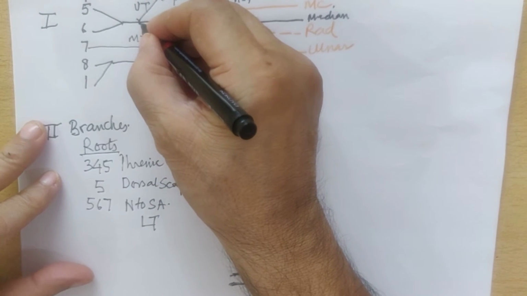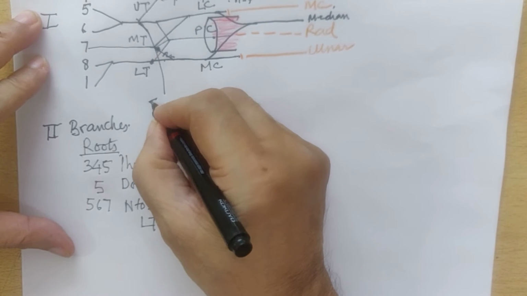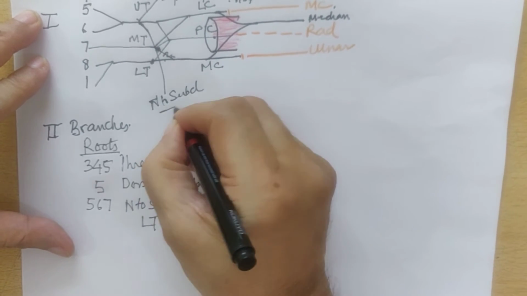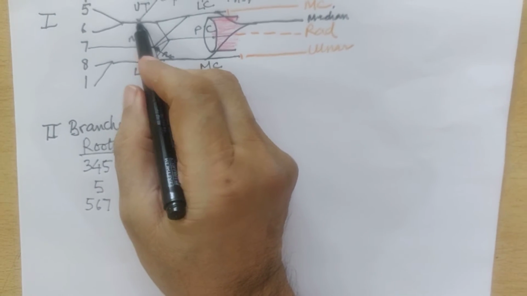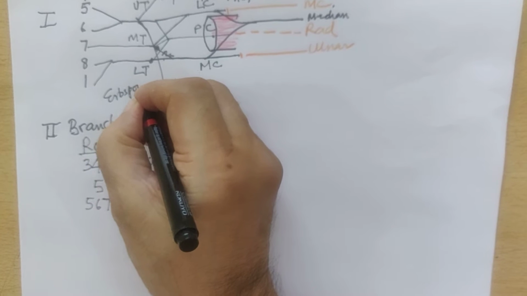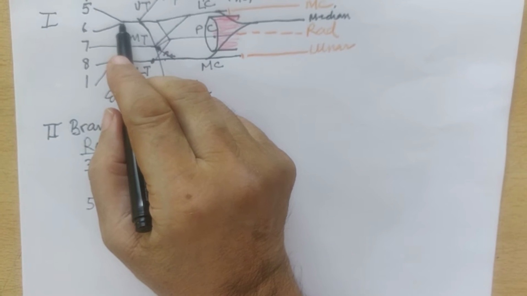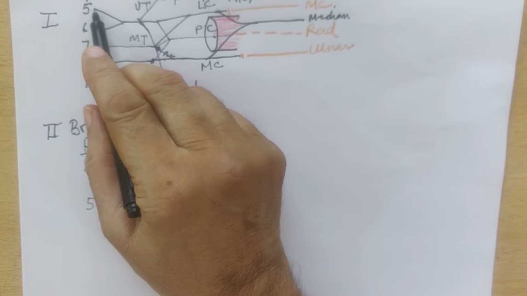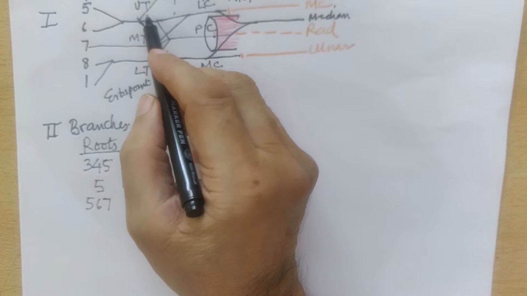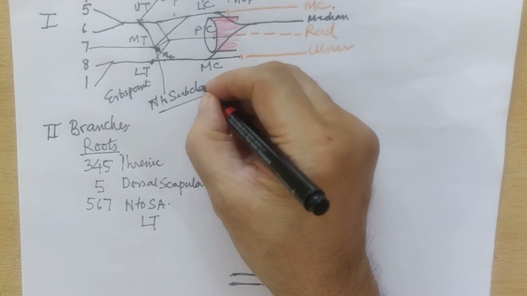The second one that arises from the upper trunk is nerve to subclavius, and this is called the Erb's point. And this has got 6 connections, 5 and 6, anterior and posterior divisions, and the 2 nerves, suprascapular nerve and nerve to subclavius.